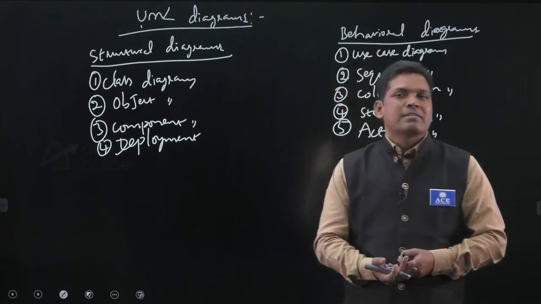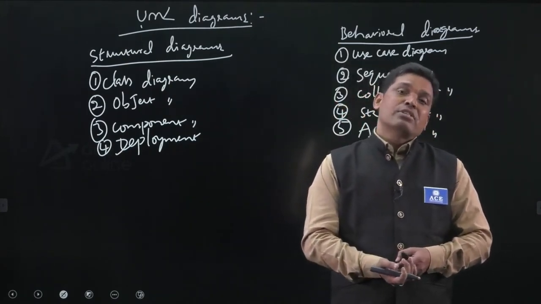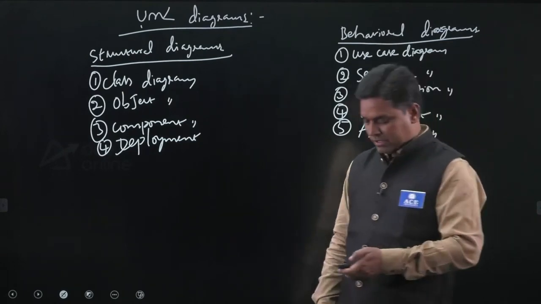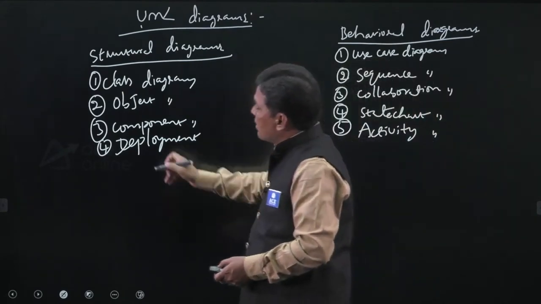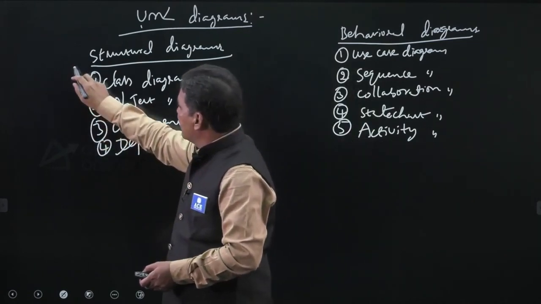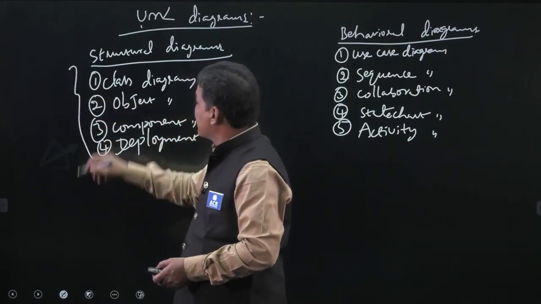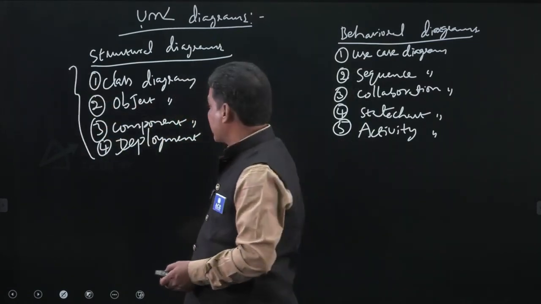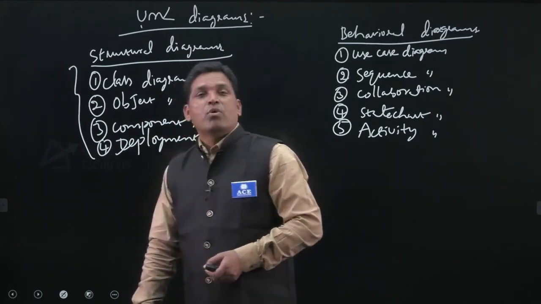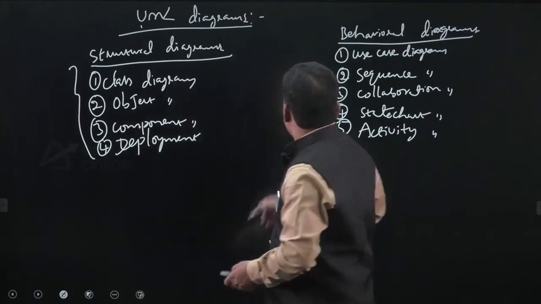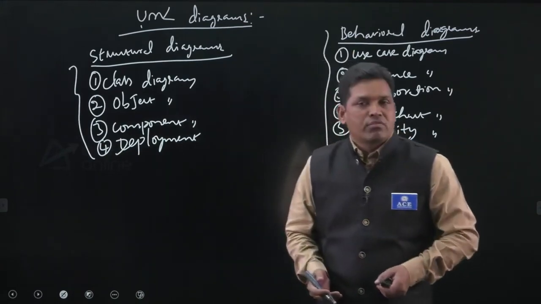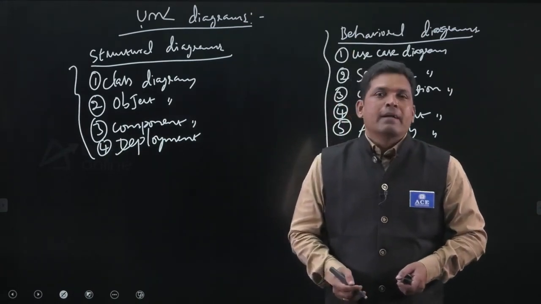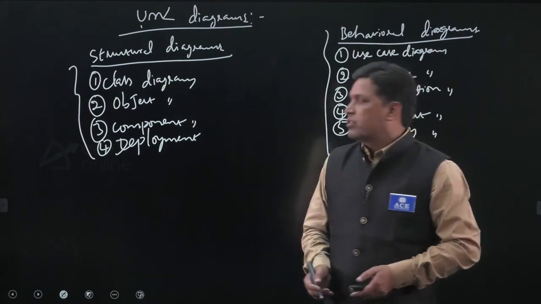The purpose of the structural diagrams, class, object, component and deployment diagrams, is to model the static view of a software system. The purpose of behavioral diagrams is to model the dynamic view of a software system.